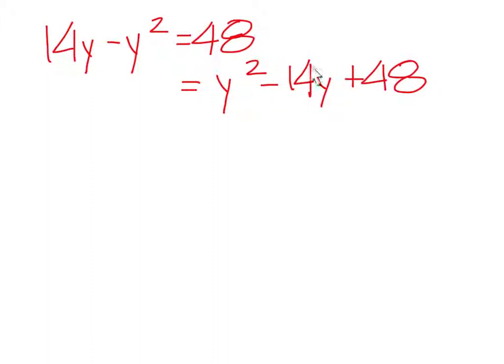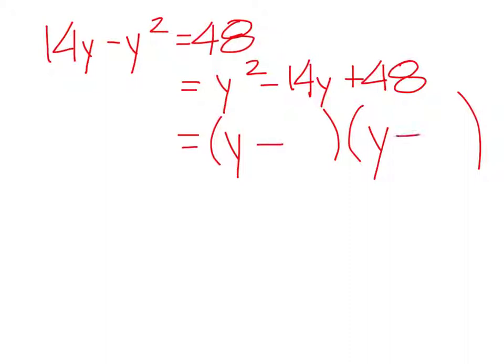In other words, if I need two numbers that multiply to give me a positive, but they add to give me a negative, both numbers must be of what sign? Negative, that's right. So instead of the quadratic formula, you can do y and y, and then both have to be minus. 8 and 6, that's right.